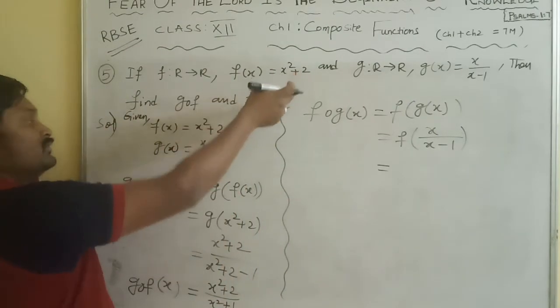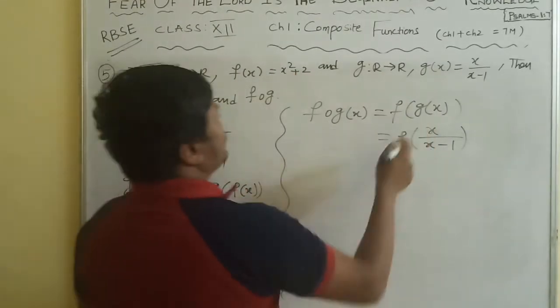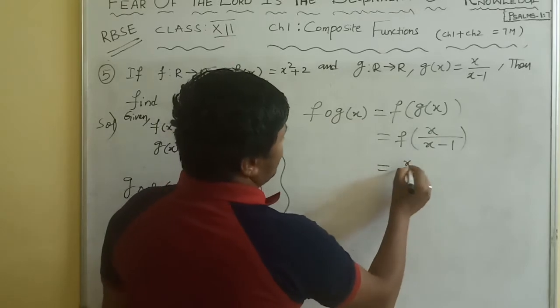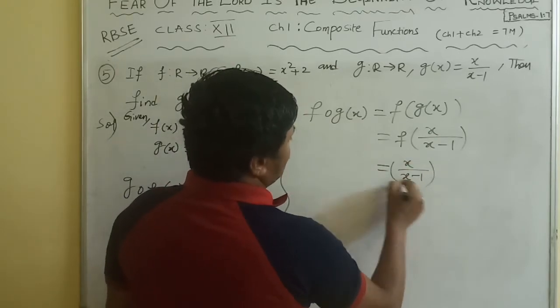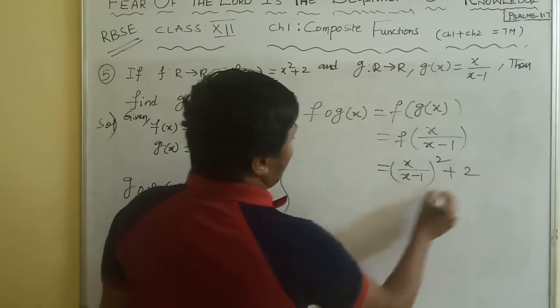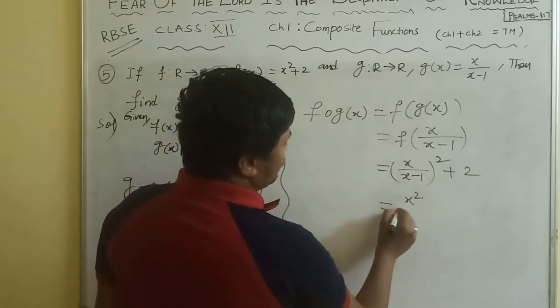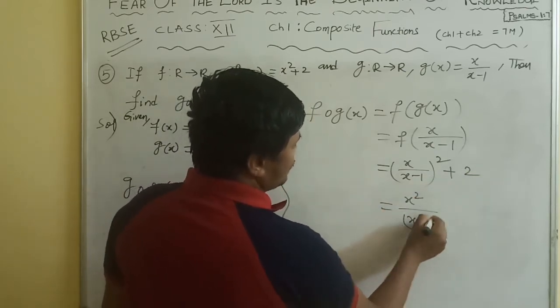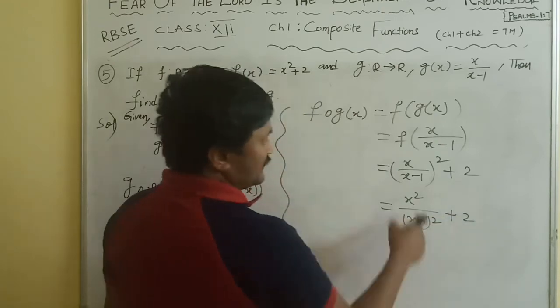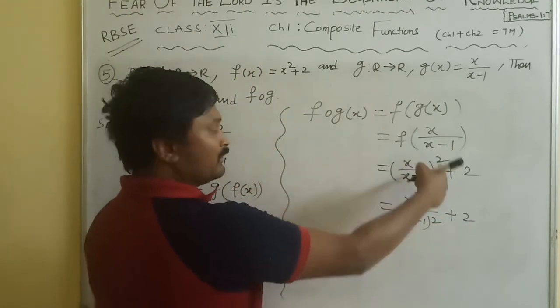x square plus 2. So wherever x is there, substitute this form. So now you can write x upon x minus 1 whole square plus 2. So this we can write x square upon x minus 1 whole square plus 2, in the form of a upon b whole power m.